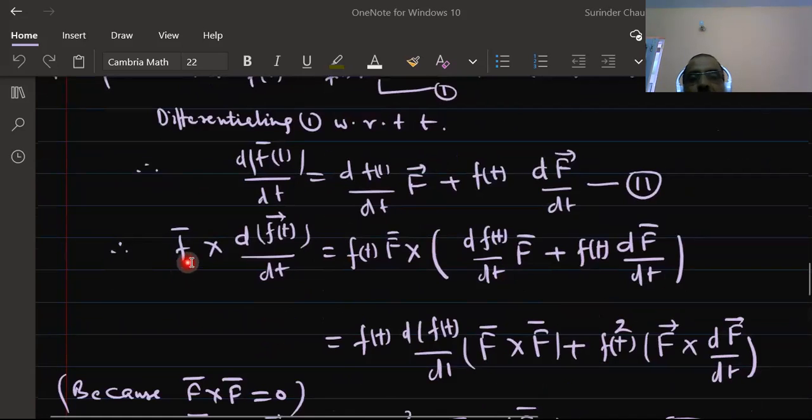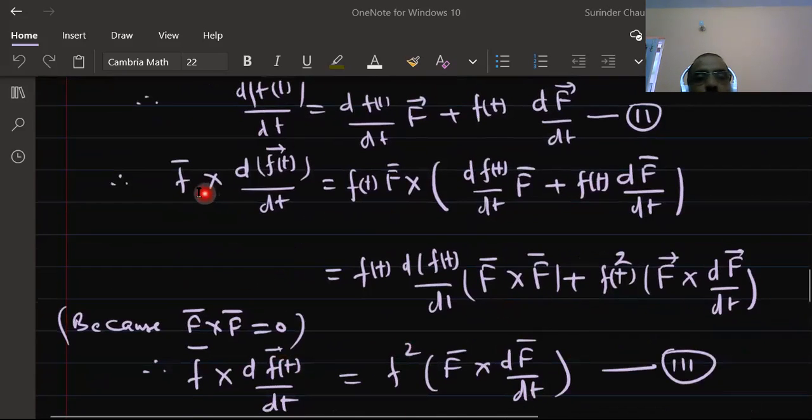Now multiplying both sides by F vector using the cross product, F cross F is 0, so F cross df/dt comes out to be f squared times F vector cross dF/dt.